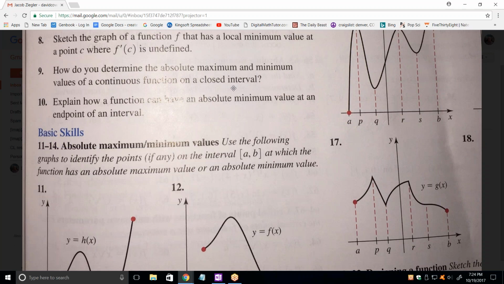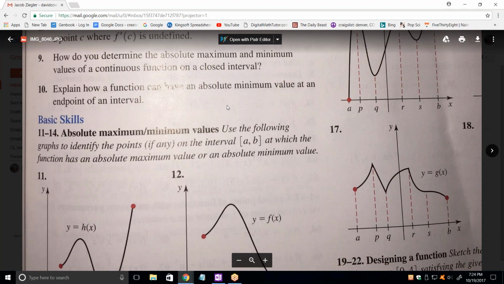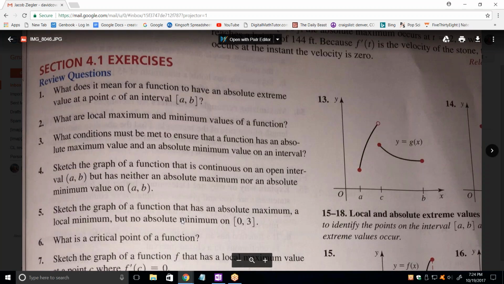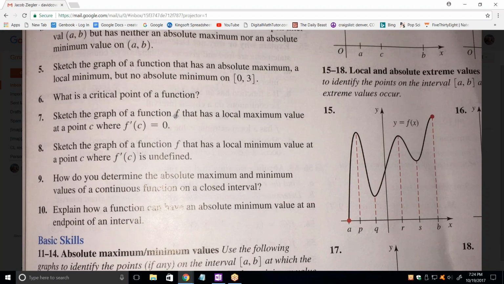Let's skip 8. How do you determine the absolute maximum and minimum of a continuous function on a closed interval? That's an important question, I think.